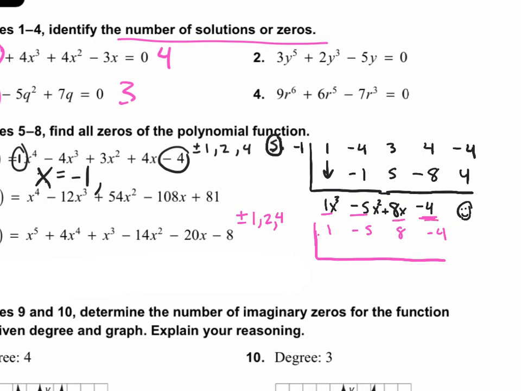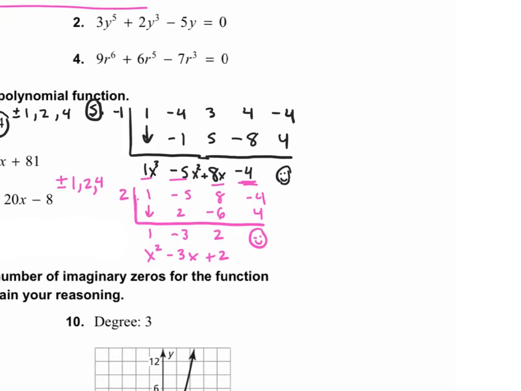And what do you want to try first? 2. So we drop down the 1, multiply, add, multiply, add, multiply. And we get 0 again. Yay. So 2 works. And now we're left with x squared minus 3x plus 2.